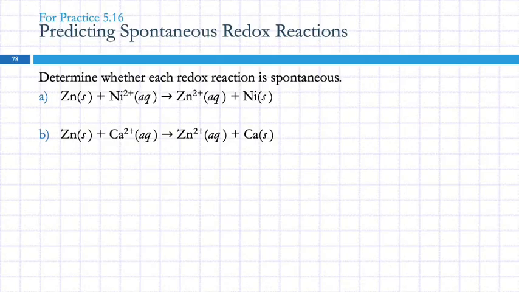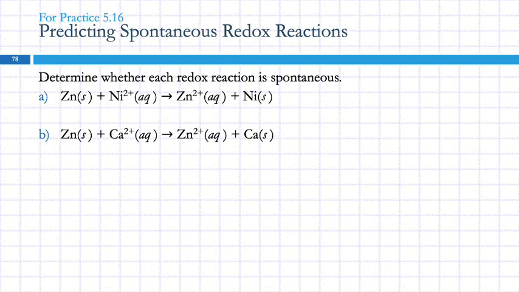So this is the last slide of the chapter. This one is zinc coming by himself and nickel's got the girl, right? And this is predicting that zinc's going to leave with the girl and nickel's going home alone. So what we need to ask ourselves is, is zinc more desirable than nickel?